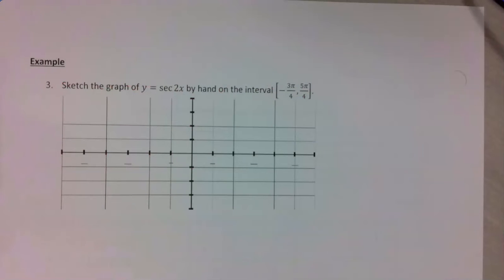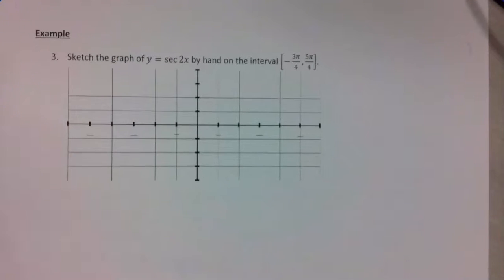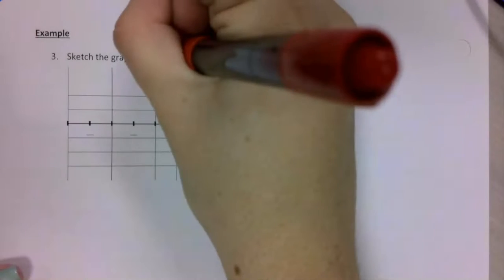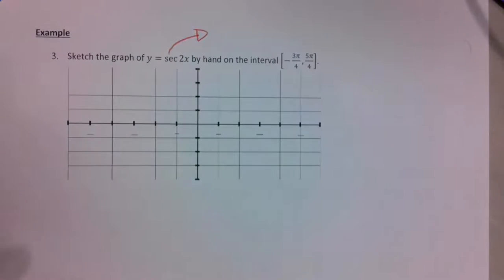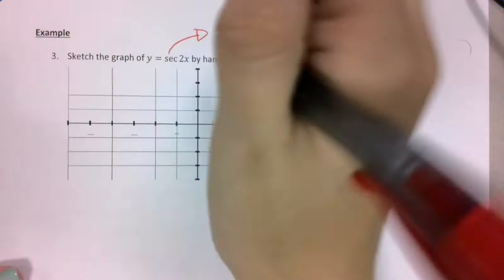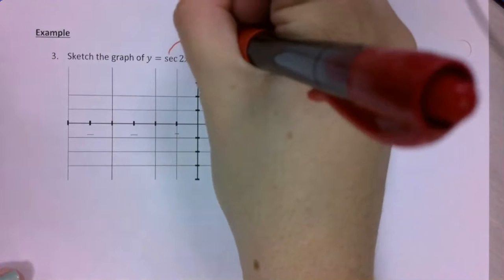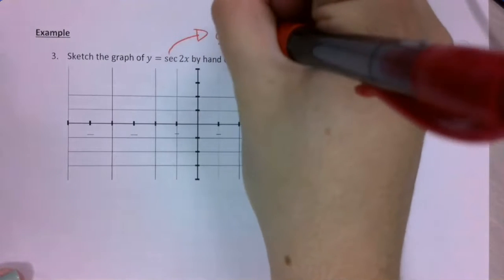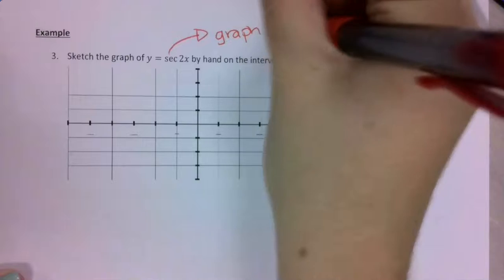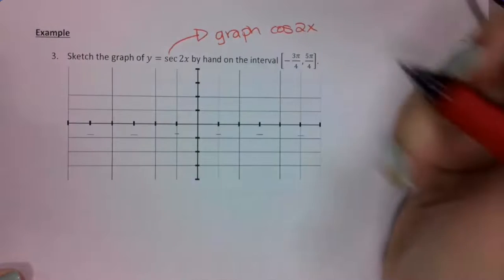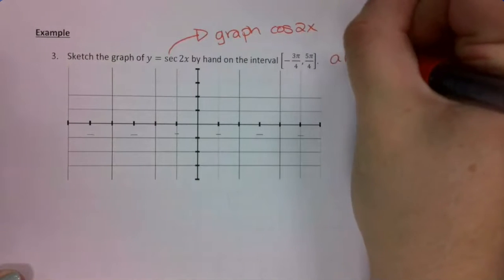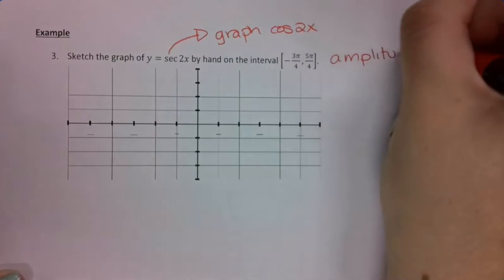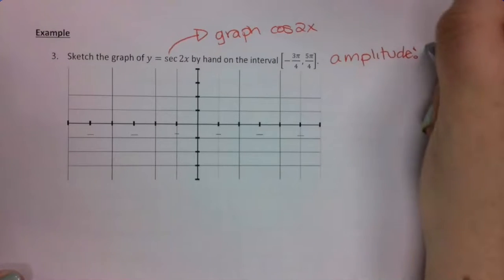Okay, the next one we're going to look at is sketching the graph of secant. This one is the reciprocal function of which trig function? Cosine. So I want to start off by graphing cosine 2x. What is my amplitude here? 1.